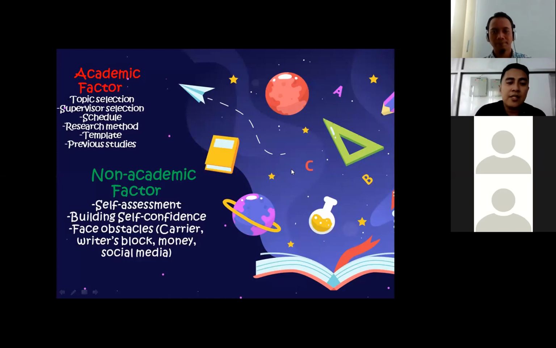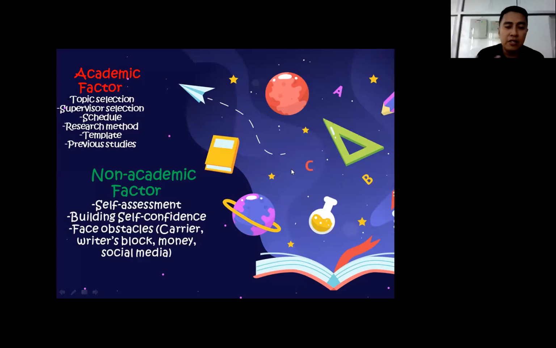Well, these are non-academic factors, like self-assessment. We have to measure our ability in writing. If we know our ability, we know our capacity. So if we know our capacity, why should we do something difficult in writing thesis or dissertation?